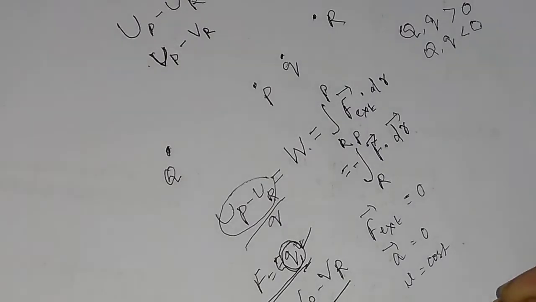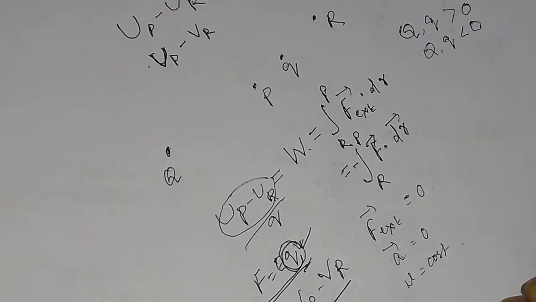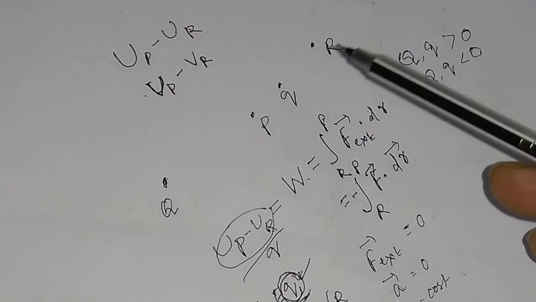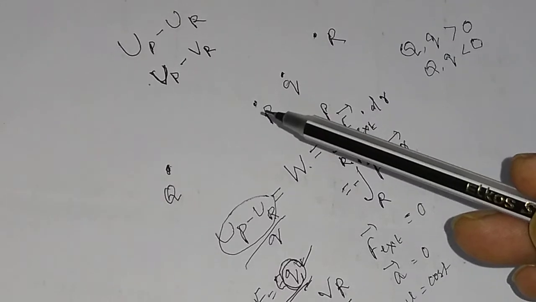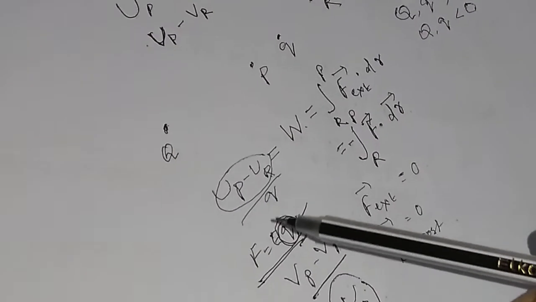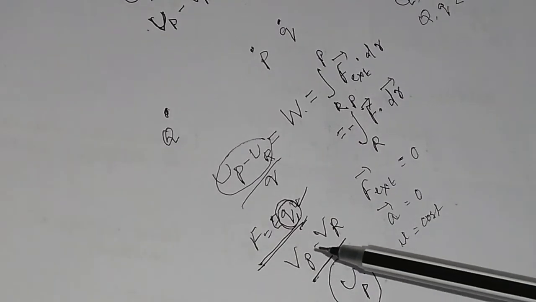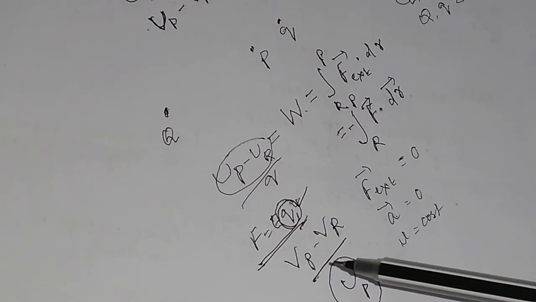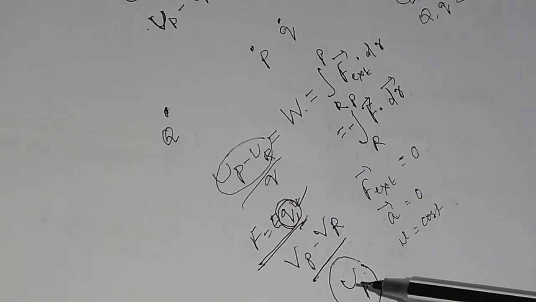So you define Up when you bring the charge from infinity to this point P. Similarly, you also define electrostatic potential at a point, which you may write as Vp or simply V, and similarly Up or simply U.